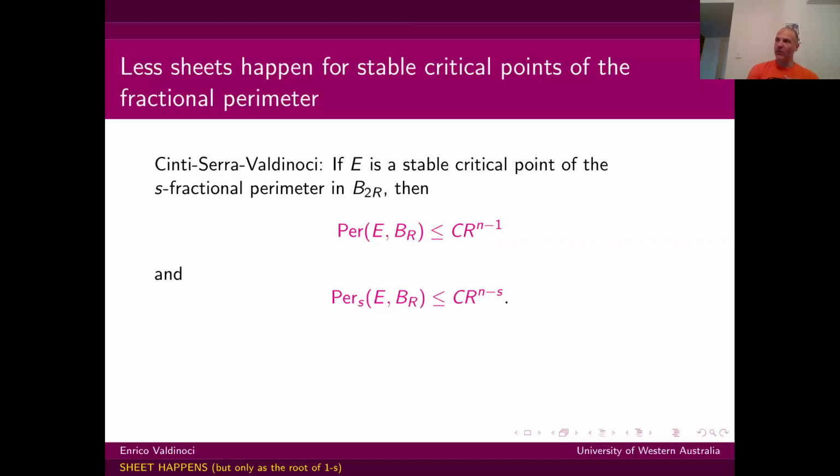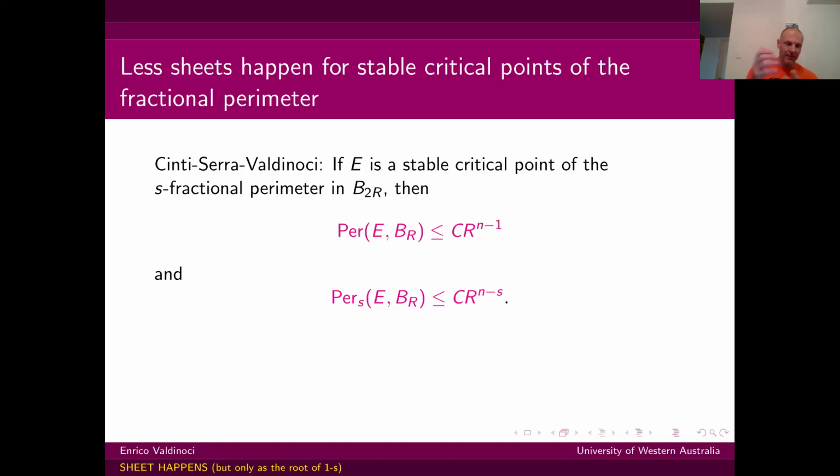So you may think, oh, I would like to say that the surface is smooth. Well, in every dimension, that is not only unknown, but probably not even true, right? But still, you can have a small regularity improvement, because somehow the s-perimeter is a weaker notion than the perimeter.